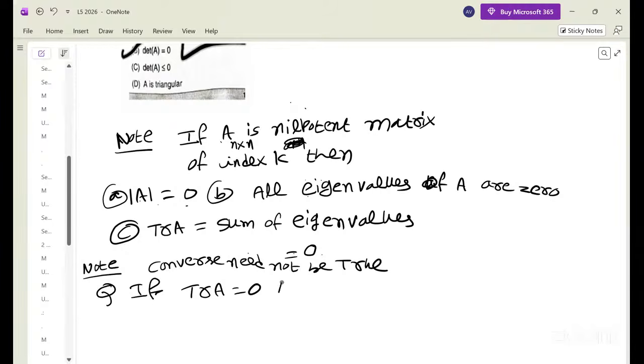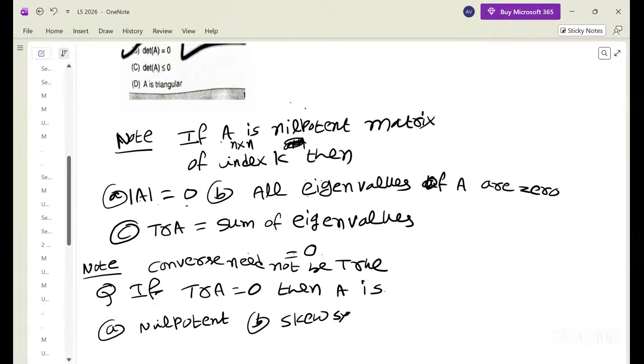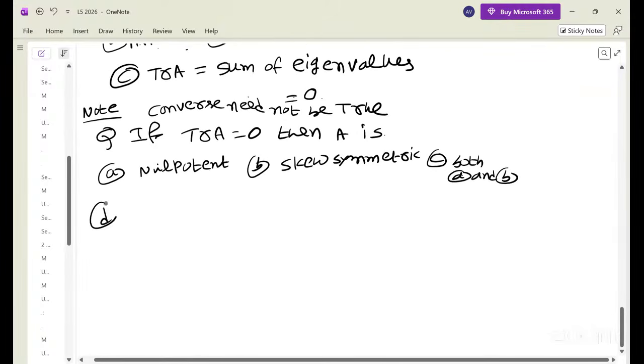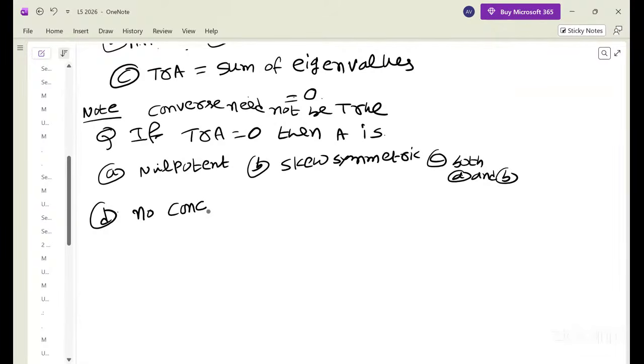So if trace A is 0, then option A, A is nilpotent; option B, A is skew symmetric; option C, both A and B; option D, need not be, no conclusion can be drawn, can be true.